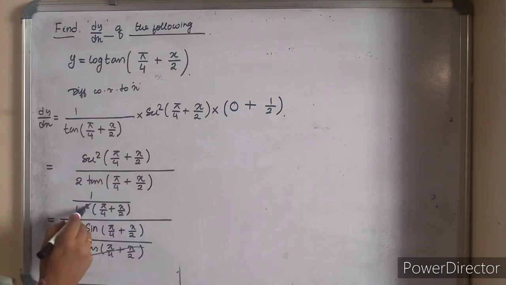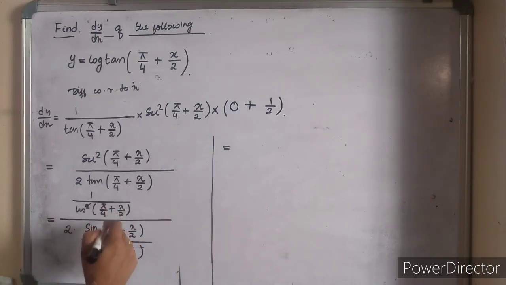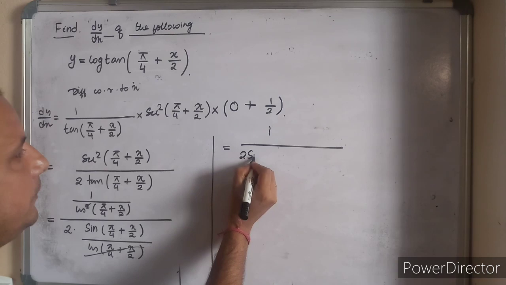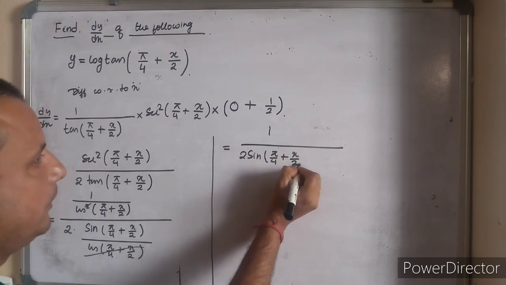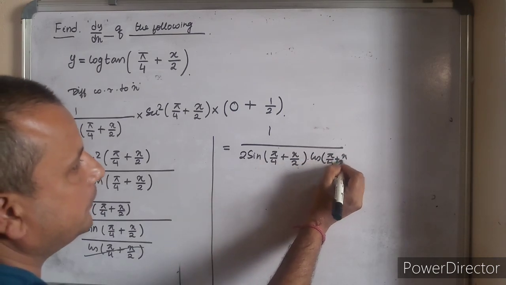One cos and one cos get cancelled. Now we get 1 over 2 sine of pi by 4 plus x by 2 into cos of pi by 4 plus x by 2.